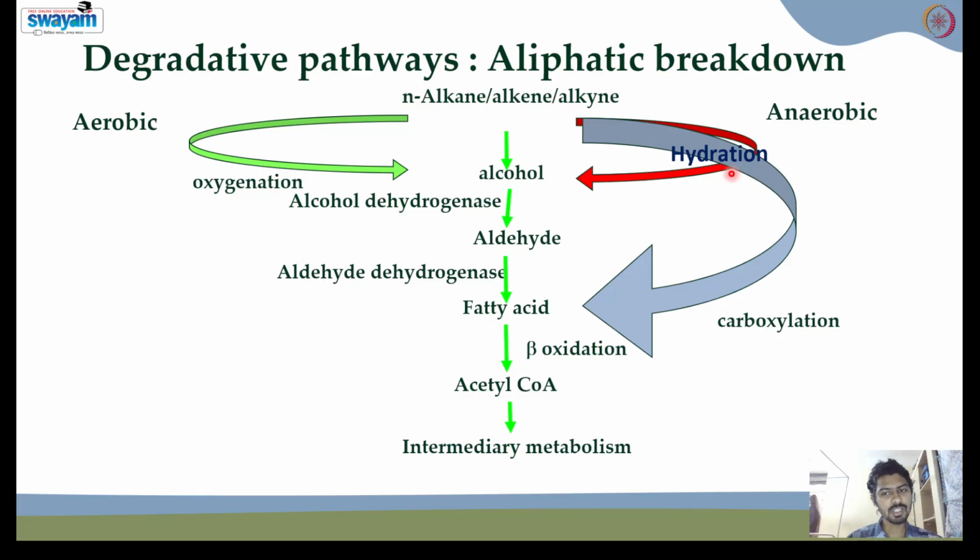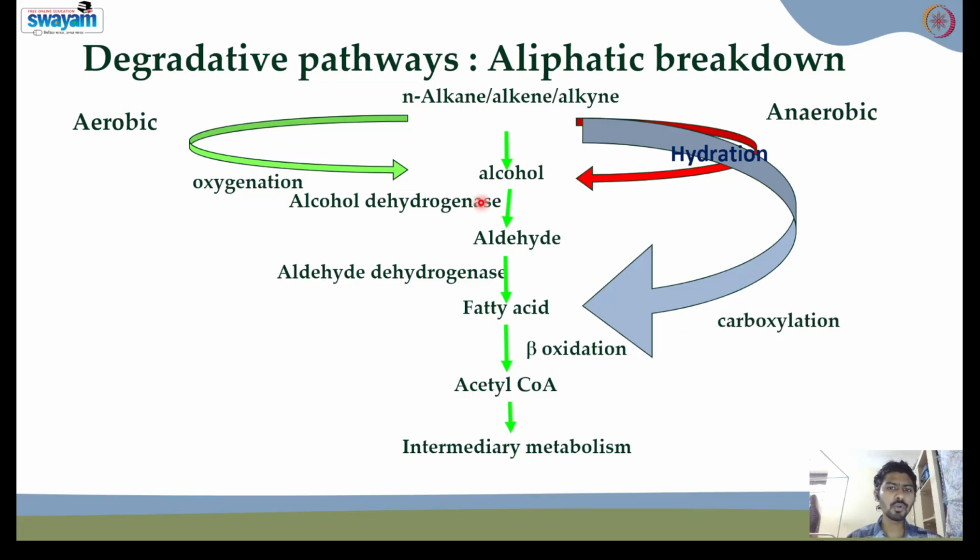It depends upon species to species, and in anaerobic itself, if carboxylation of the alkane structure occurs, that is, if we add CO2, it eventually converts directly into fatty acid, and this fatty acid converts into acetyl CoA through beta oxidation, and eventually it enters the TCA cycle. So this is how the three different degradation pathways generally microorganisms adopt based on their environmental condition. First is the oxygenation mode, second is the hydration reaction, third is the carboxylation reaction.